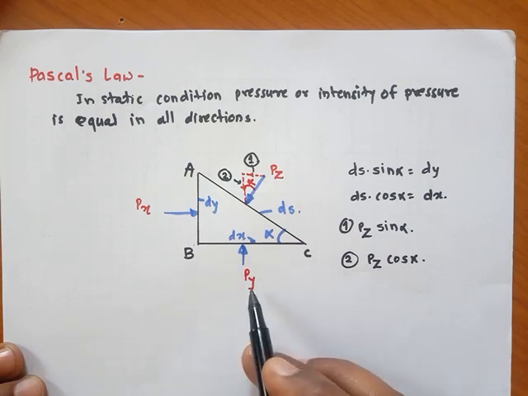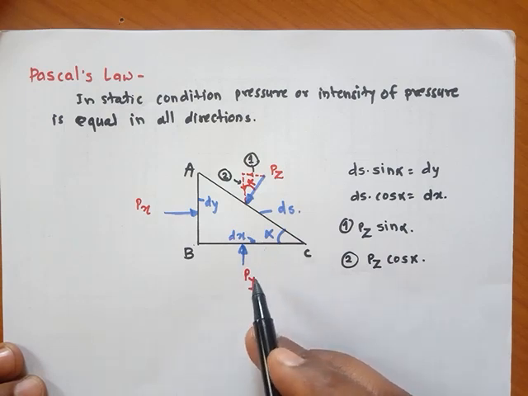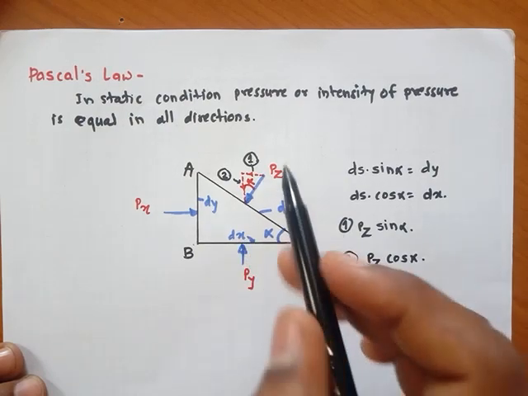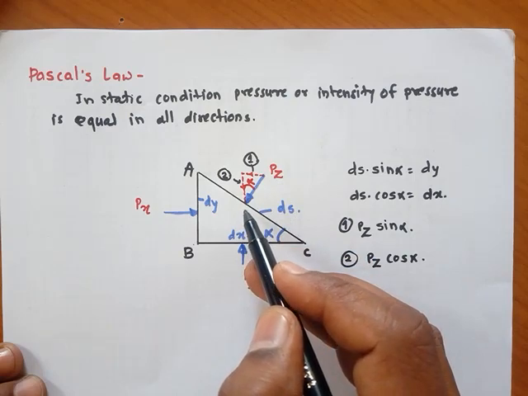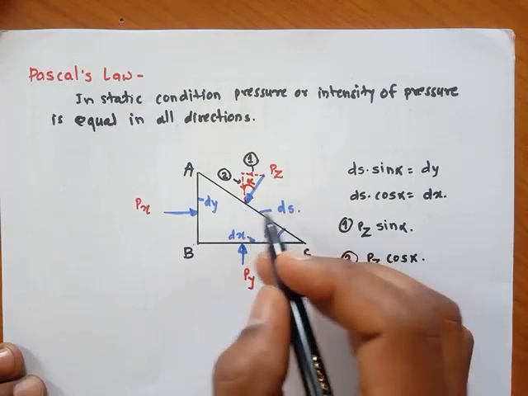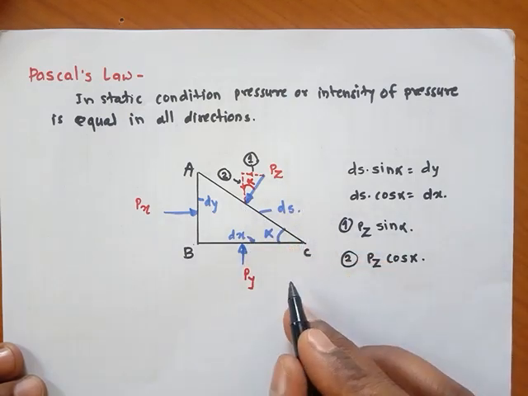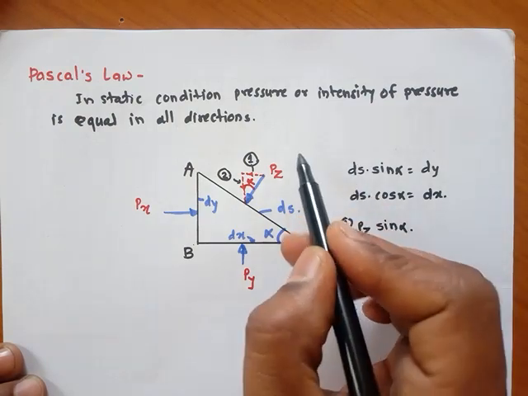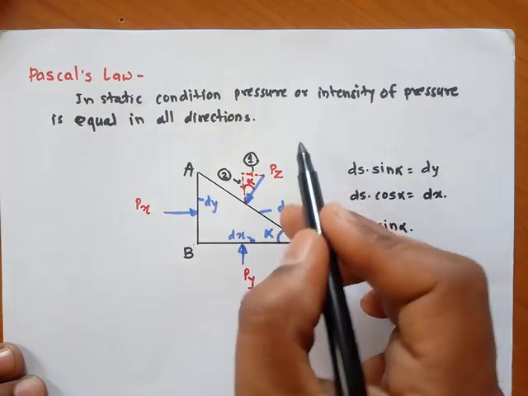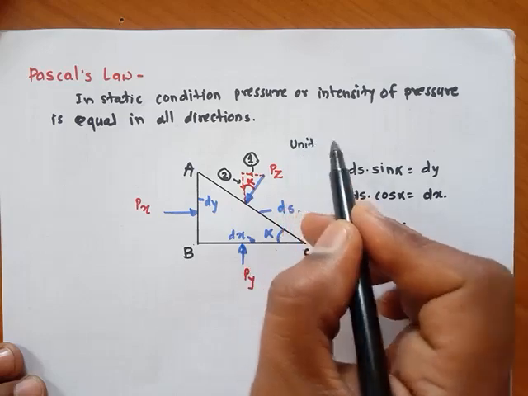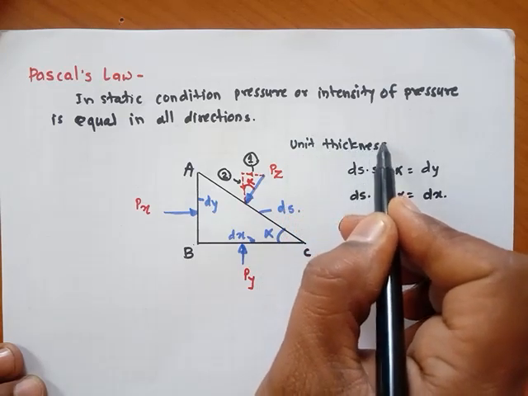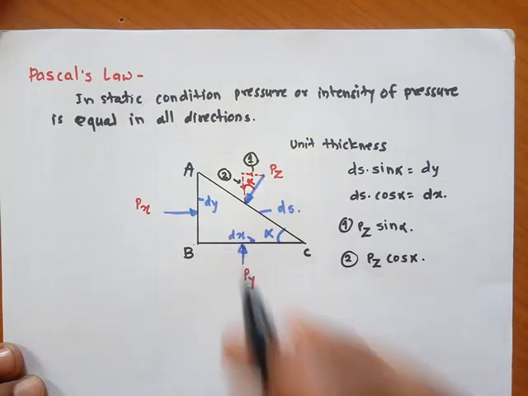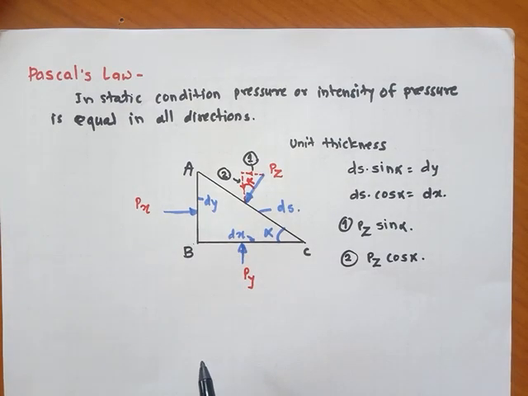On the BC side, Py amount of pressure will be applied in y direction, and on the AC side, Pz amount of pressure will be applied. We have considered the thickness of this fluid element as unit thickness, which is perpendicular to this paper.